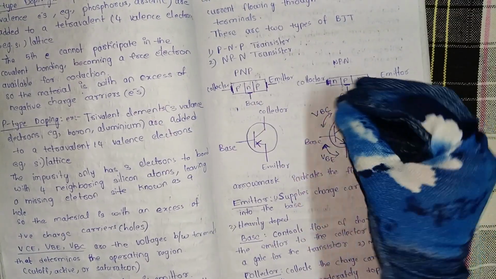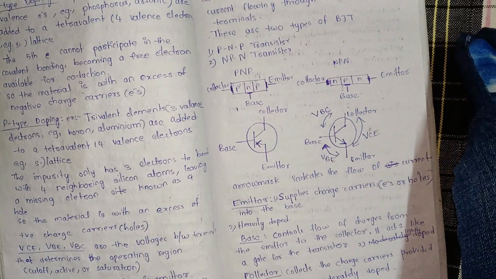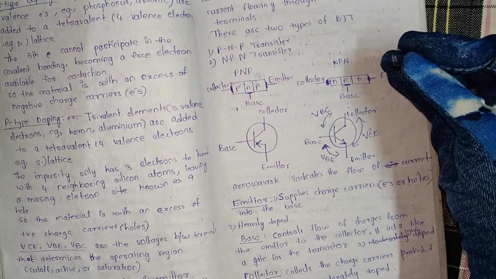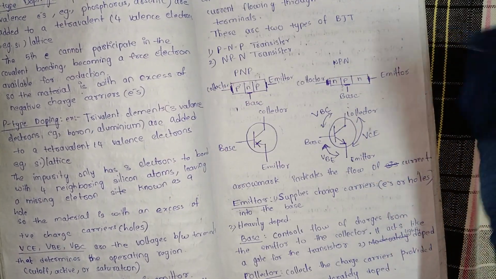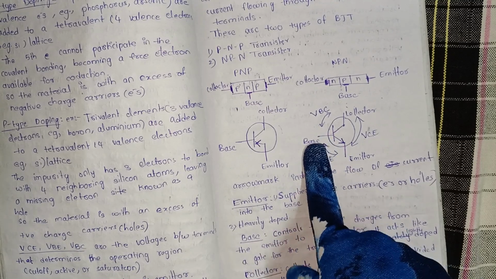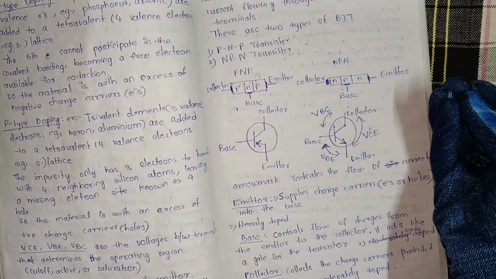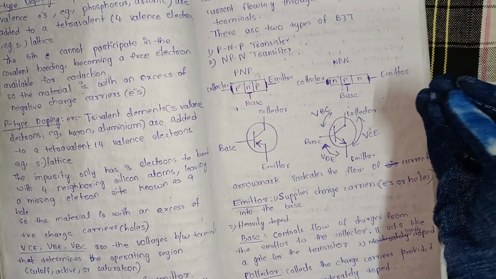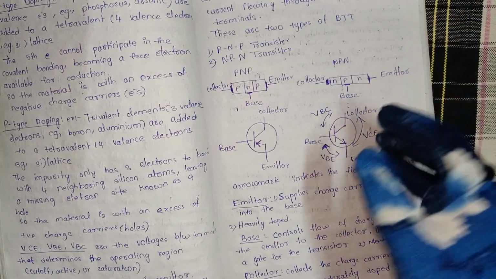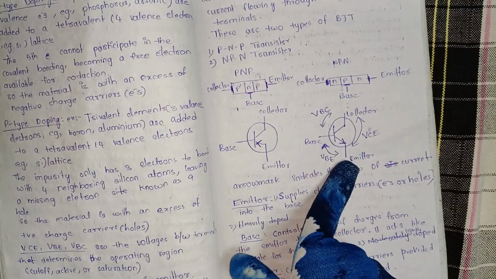Lightly doped means a smaller number of holes are added by doping. Why is it helpful? When the emitter supplies electrons to the base, if the base is heavily doped, then there will be more holes which recombine with the electrons provided by the emitter.